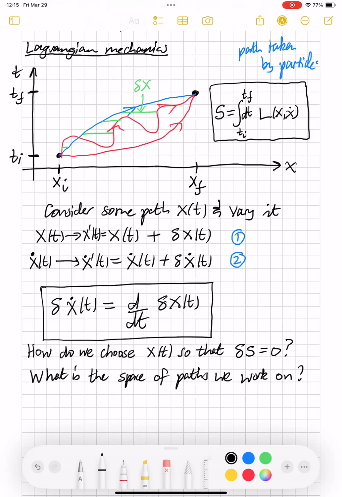So all of these paths coincide at the initial time and the final time. And if those paths all coincide, it means delta x, which is this interval linking the path and the other path, vanishes. So delta x has to vanish at the initial time and at the final time.